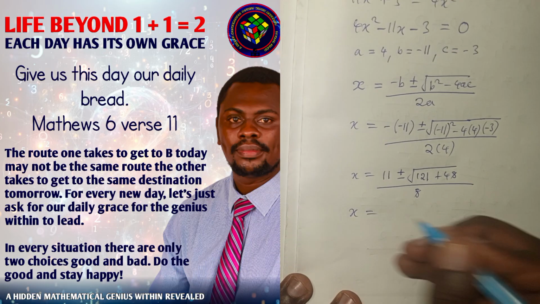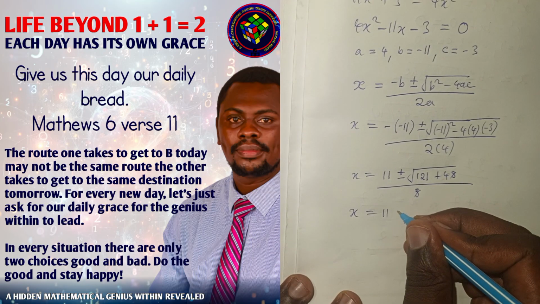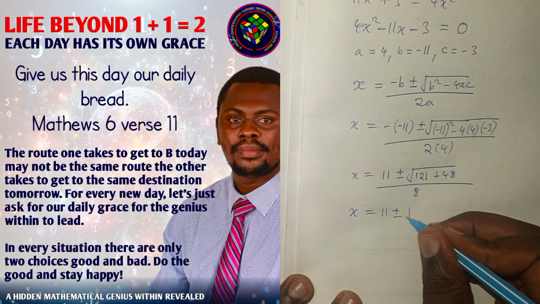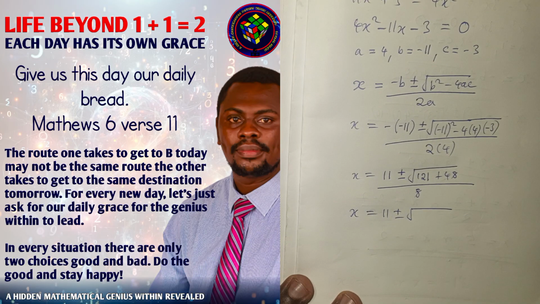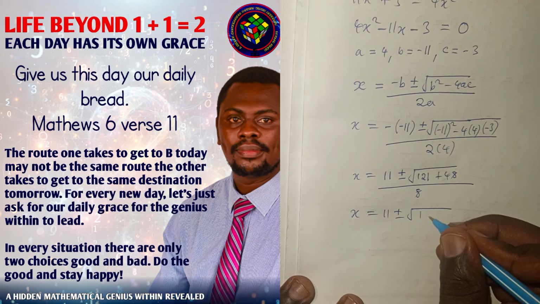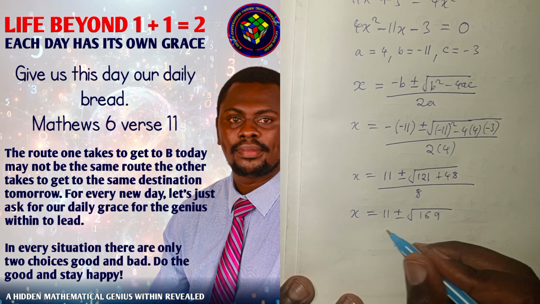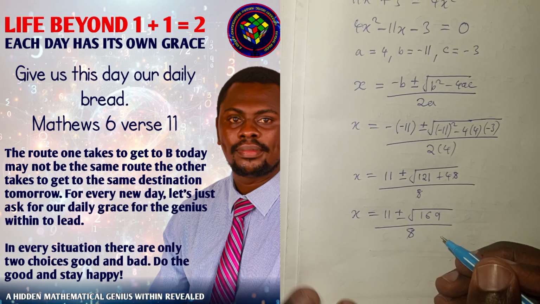So we have x is equal to 11 plus or minus the square root of, what is 121 plus 48? Yes, you get 169. So we have 169 over 8.